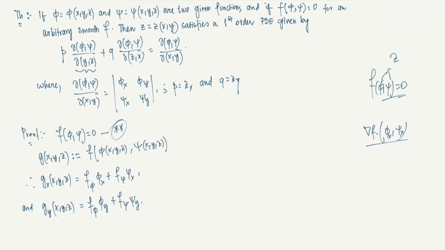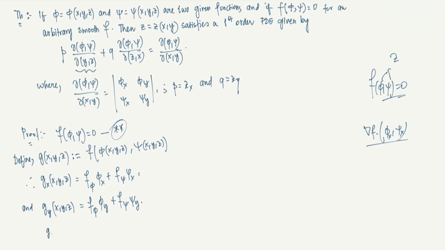Now, f is equal to 0, given. Okay, so if I'm defining g to be this, then g x is going to be 0, and then g y, which is this, is also 0. Okay, so we'll do that, but first let me just write it down with respect to z.